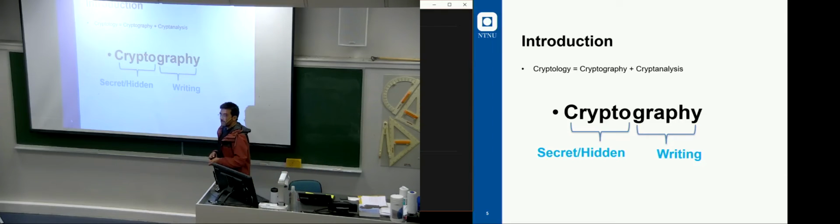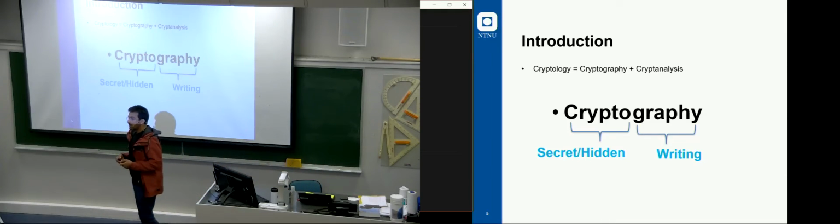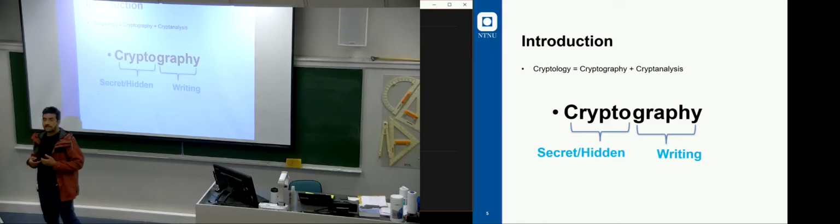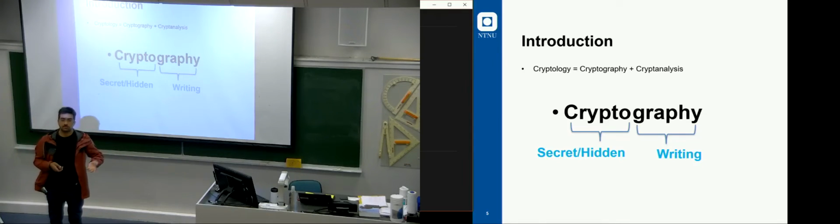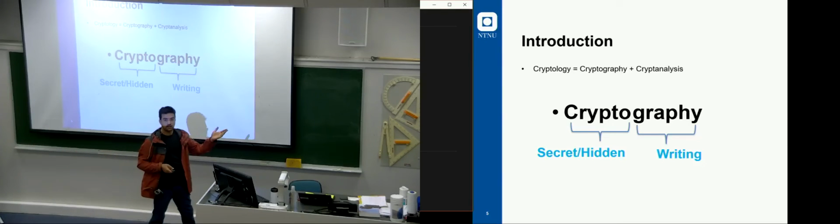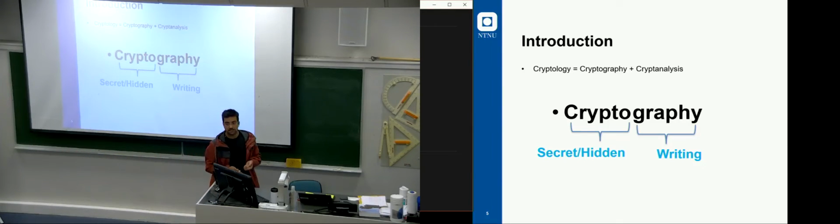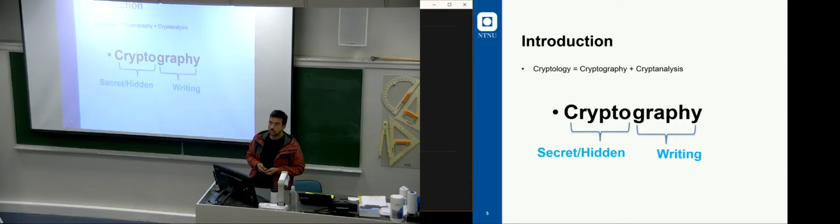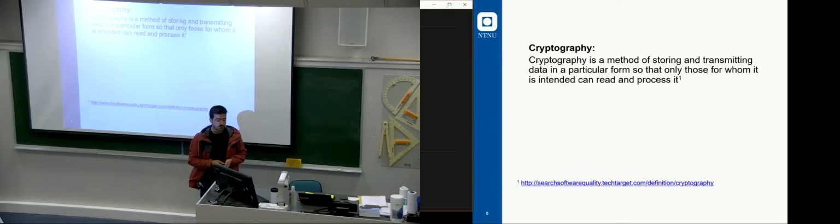So that others will not see what we are saying to other people, which is not intended for them. So that the information that we are sending across the public channel, that is the internet nowadays, will remain hidden, will remain secret.